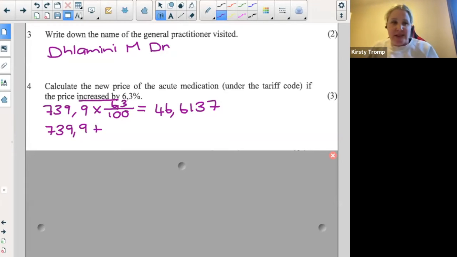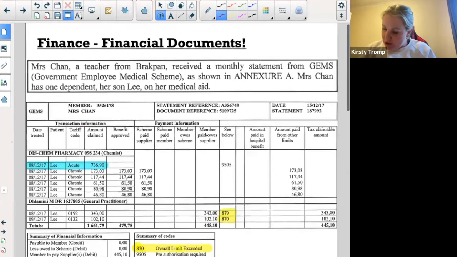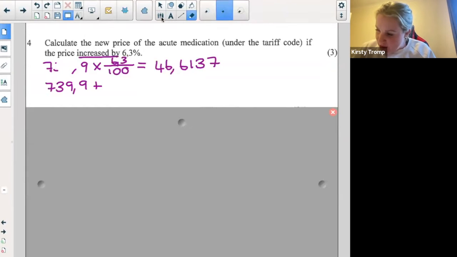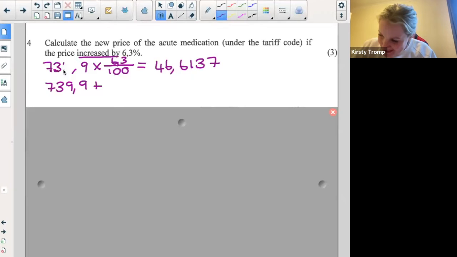plus, I see someone is telling me in the chat that my figure is wrong. Let's go see. 6137. Let me go recalculate. 739. Let's go double check. Oh my goodness, you are right. Told you guys, my memory is terrible. This is 736,9 times 6,3 over 100.